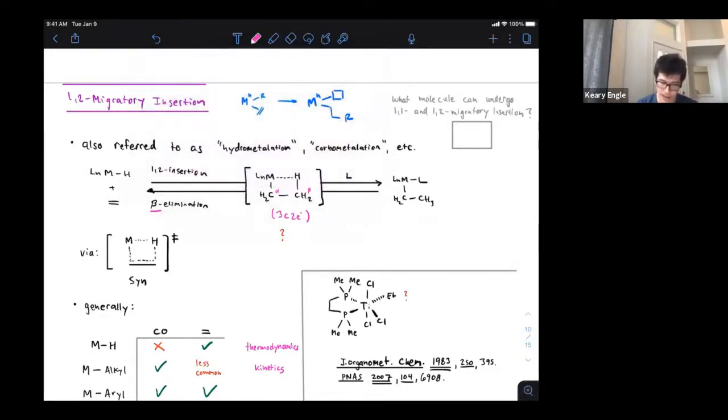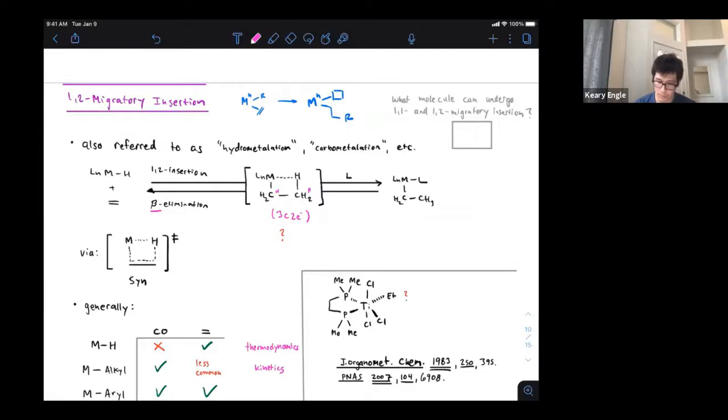So if you think about a metal hydride approaching an olefin, well, the olefin will first coordinate, and then you'll have this concerted transfer.